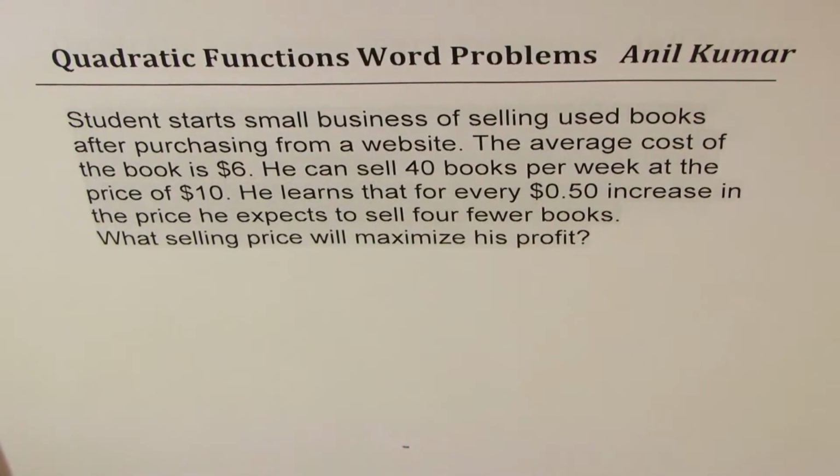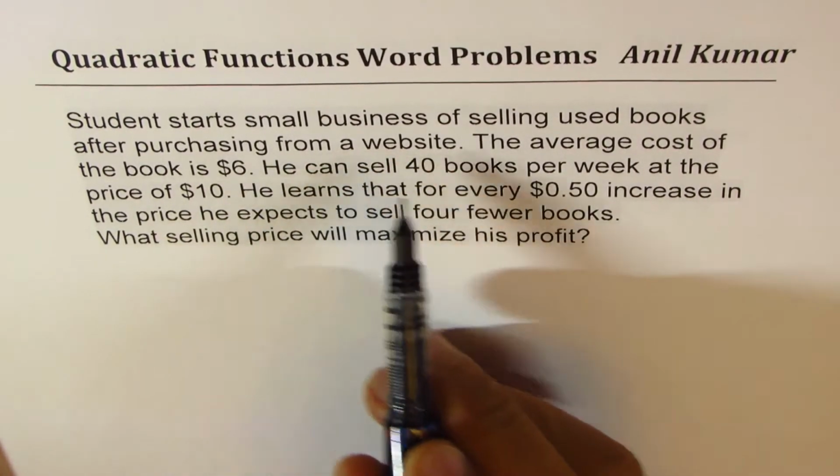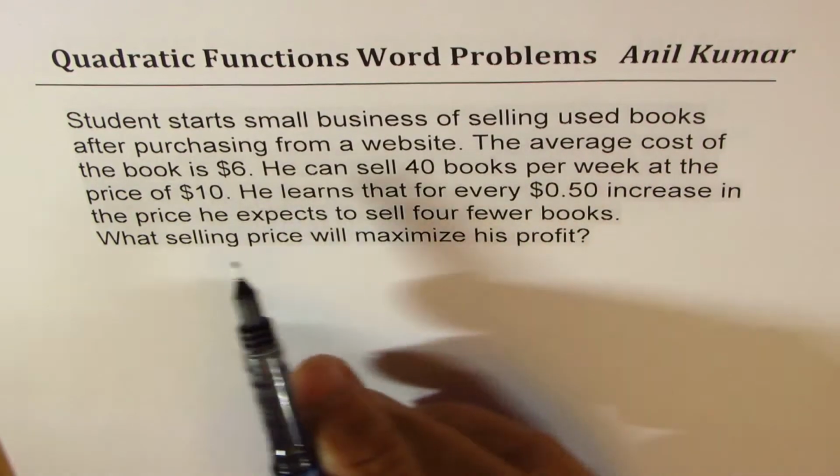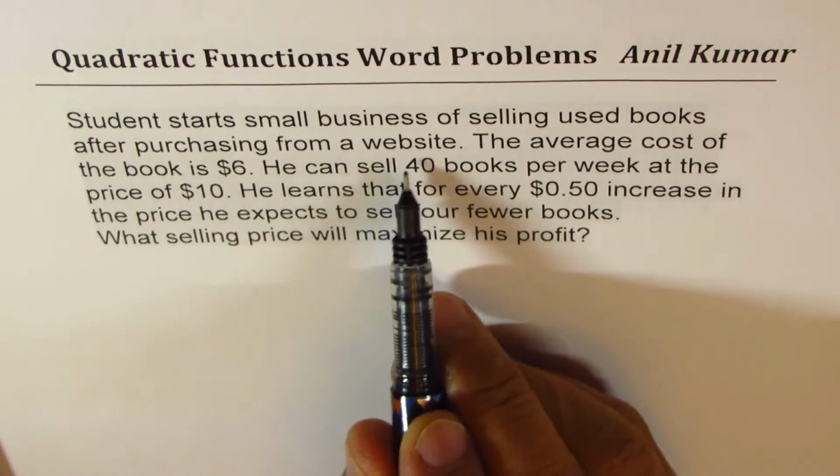Now here is the second example based on profit and cost. In this particular example, the equation is not given to us, so we'll also see how to write an equation and then solve such questions. The question here is, a student starts a small business of selling used books after purchasing from a website.